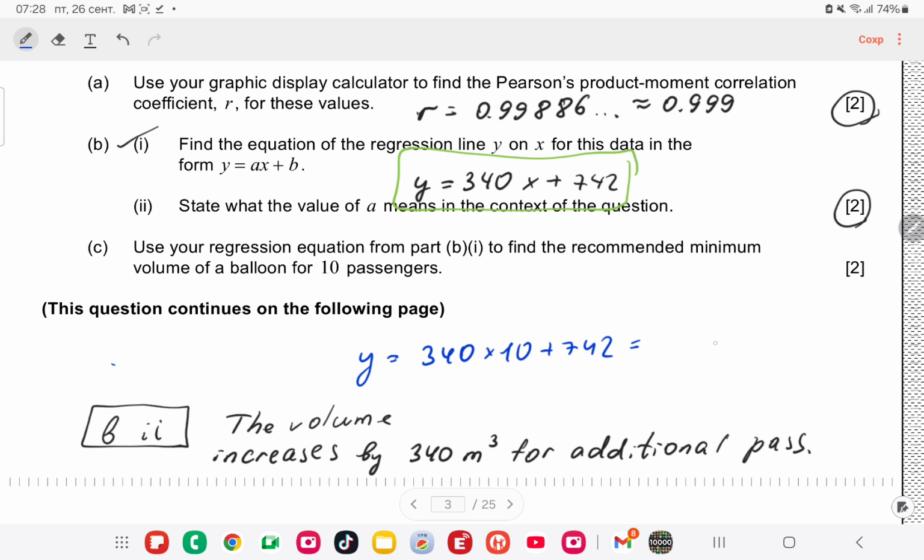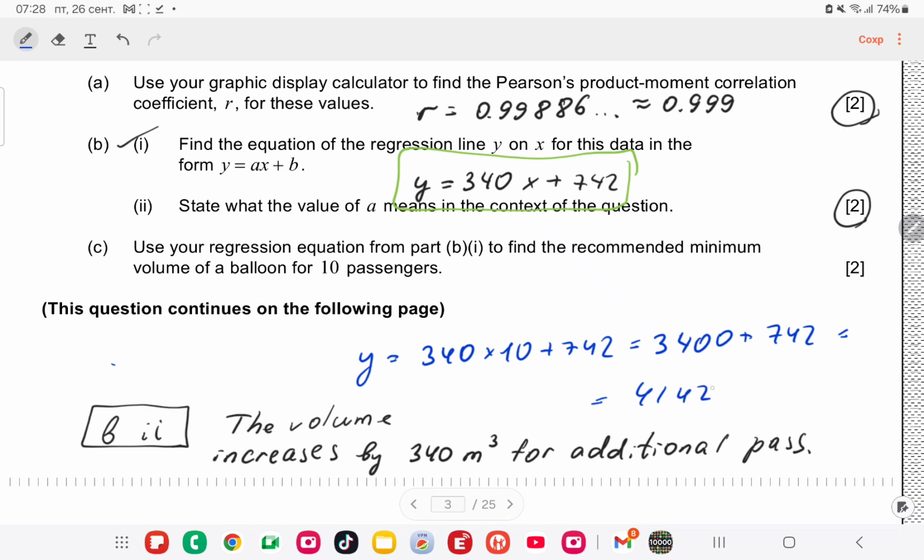We can use the calculator: 3,400 plus 742, and it is 4,142.